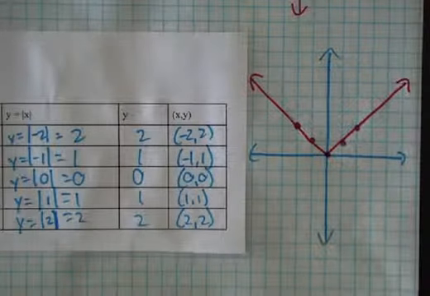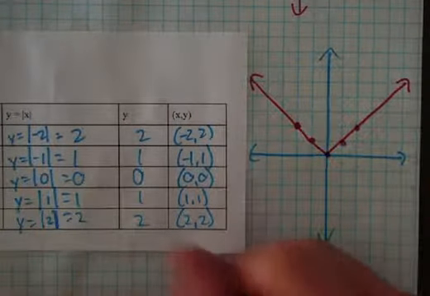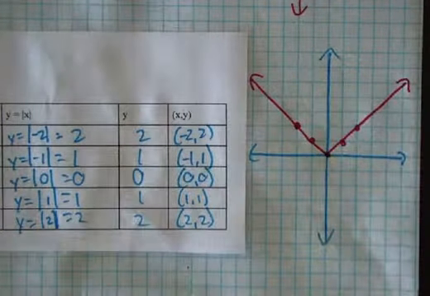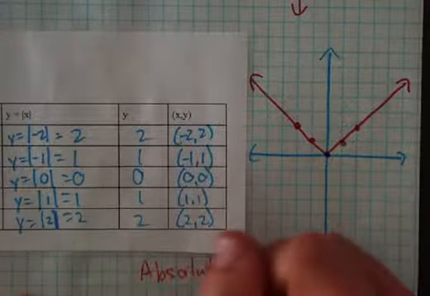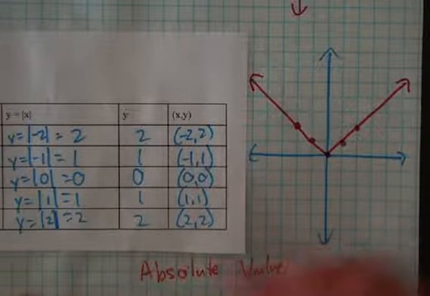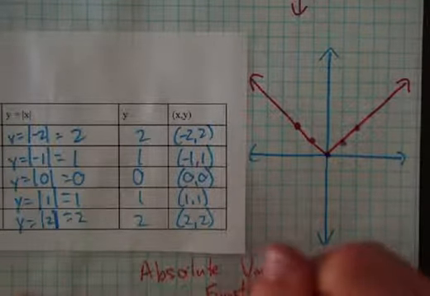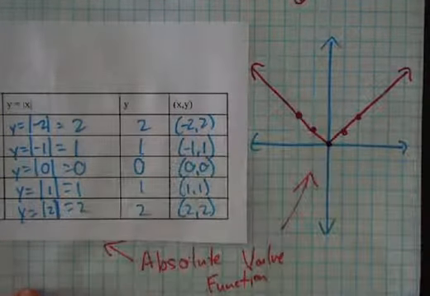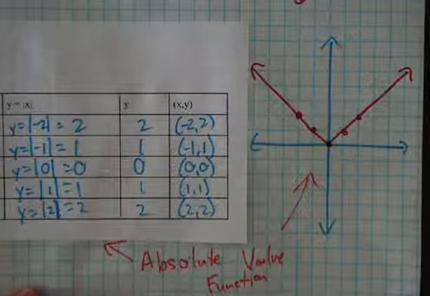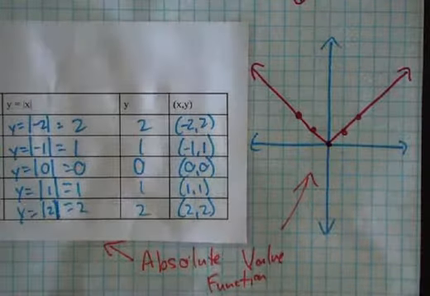Two straight lines that make a V. This is the absolute value function. Looks like a V. Okay, those are our parent functions.